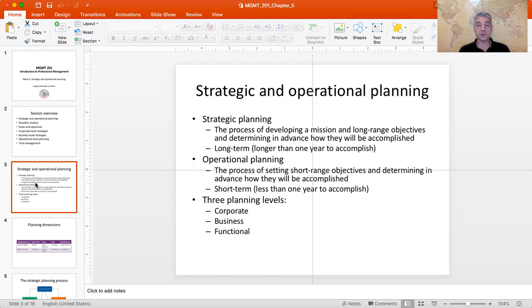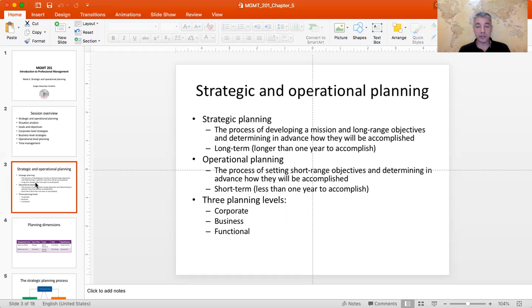The main difference between strategic plans and operational plans is the time horizon. With strategic planning, we talk about long term, so something that takes longer than 1 year to accomplish. So, strategic planning itself, the process includes developing a mission, long range objectives, and determining in advance how those objectives will be accomplished.